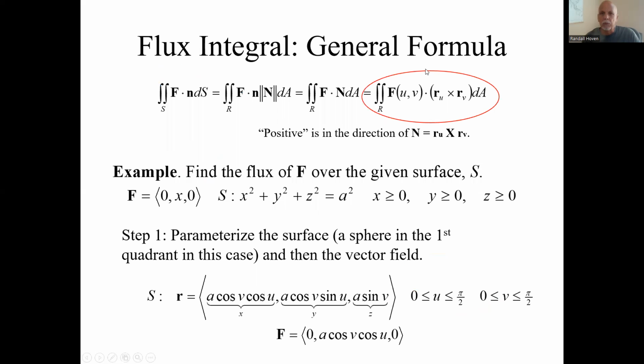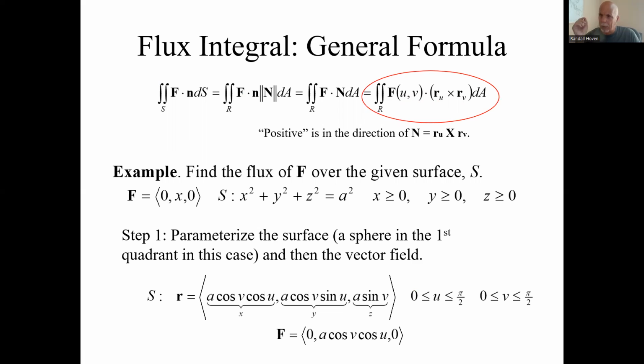And we went through and said, here's a way to evaluate it. We have to parameterize things in terms of two parameters or two variables. We call them u and v. So the vector function is now converted to a function of u and v only. R, remember, was that position vector to the surface.